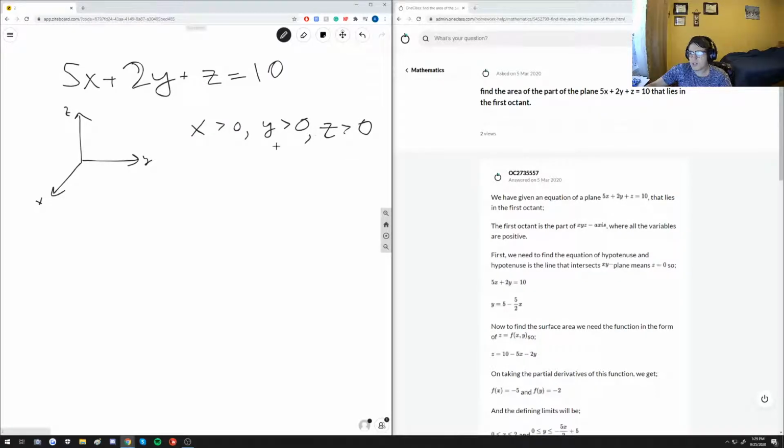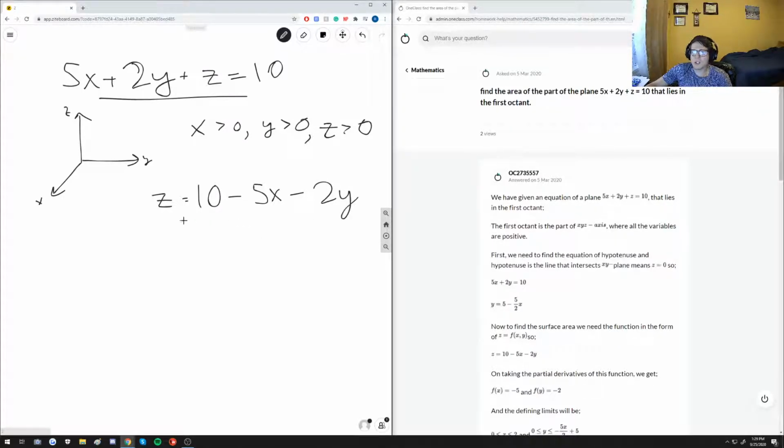Okay, so firstly, since we're eventually going to be integrating, we want to put this equation into a form that we can integrate. So we want to put it in the form of a function of x and y. By subtracting 5x and 2y from the left side to the right, we get z is equal to 10 minus 5x minus 2y.